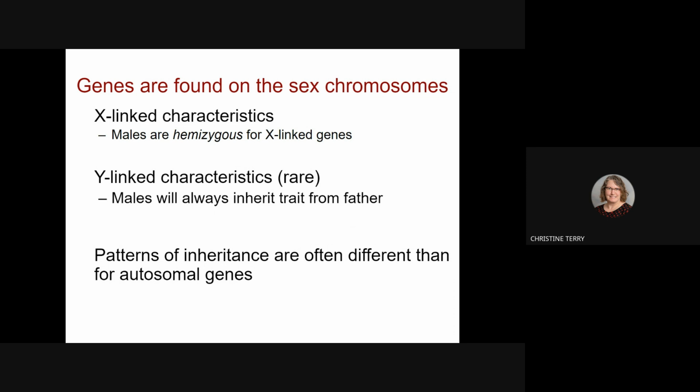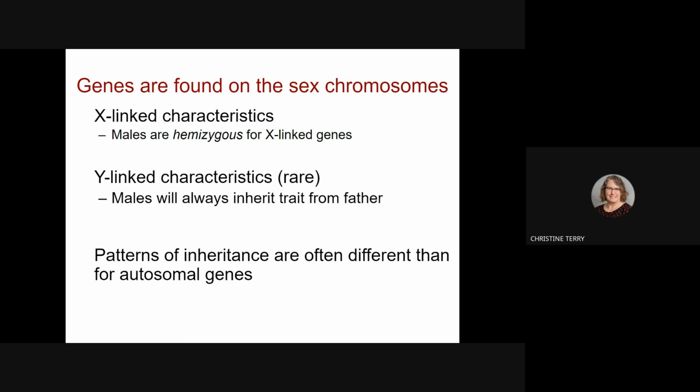Generally, when people are talking about sex linkage, they are referring to X linkage. But I feel like it's better to be specific and say X linkage rather than sex linkage, because you can also have genes that are Y linked, and the Y chromosome is also a sex chromosome.